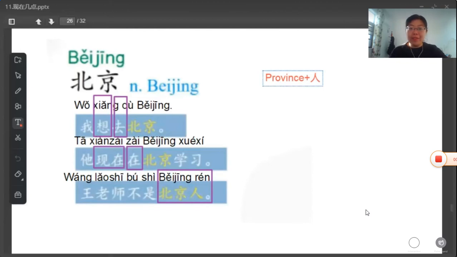Zhengzhou University is very famous in China. It's one of the biggest universities student-wise in China. Zhengzhou University is the most important university in our Henan and also very famous among all China, because our Henan province is very big in China.